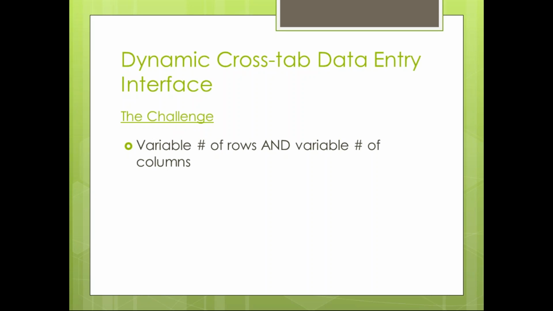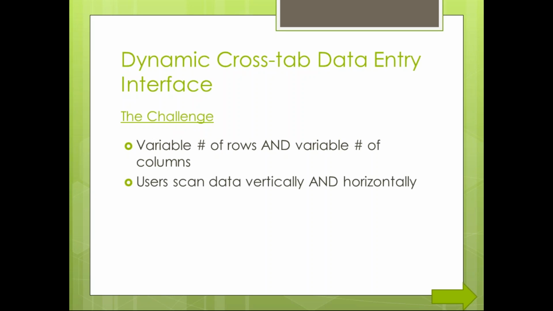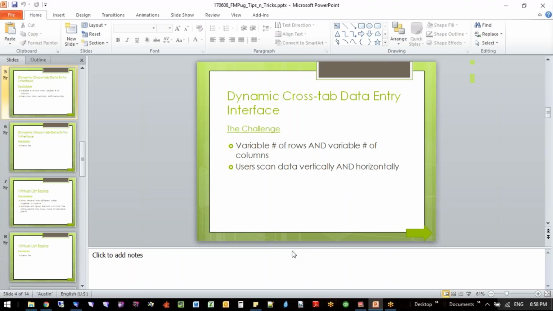But that's a little more challenging in FileMaker, of course. And usually I can talk the client into, let's just make this a top to bottom report instead of a top to bottom and left to right report. But in this case, we're actually looking at data in such a way.